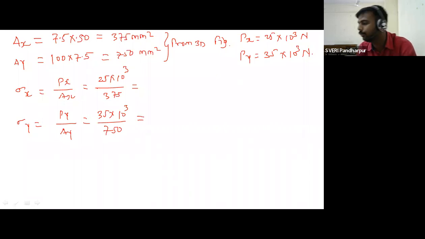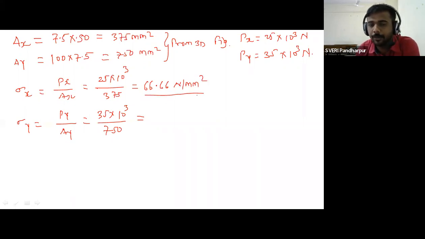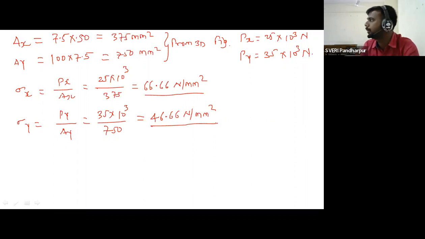So tell me these two values. Sigma x is equal to 66.66 Newton per mm square. And what is sigma y? Do the calculation. 46.66 Newton per mm square. So these are the two stress values.